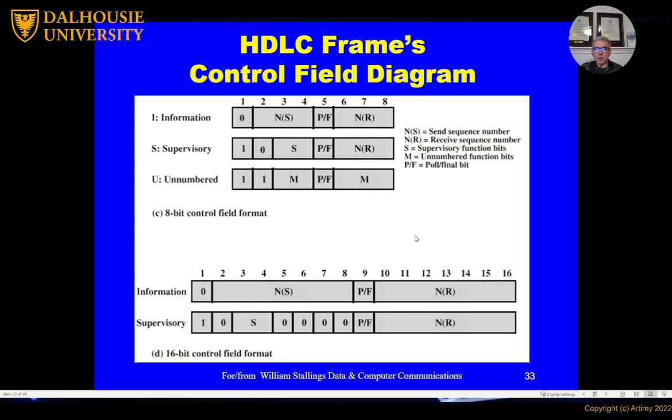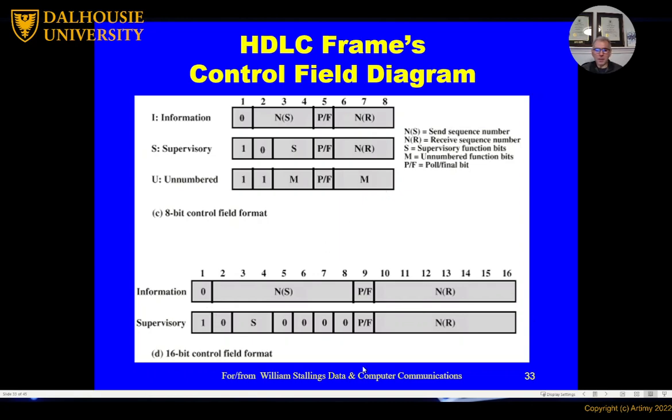The control field of HDLC can be expanded. So here in the information frame, we have 3 bits for frame numbers and 3 bits for the acknowledgement, which means that if I use go back N protocol, I have to use a window size of 2 to the power 3 minus 1, so the window size of 7, right? A window size of 7 may not be big enough for some applications.